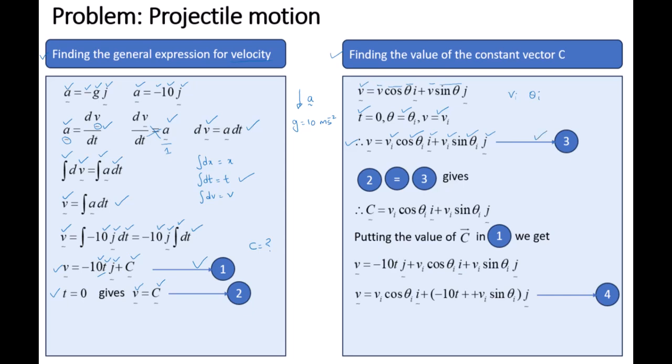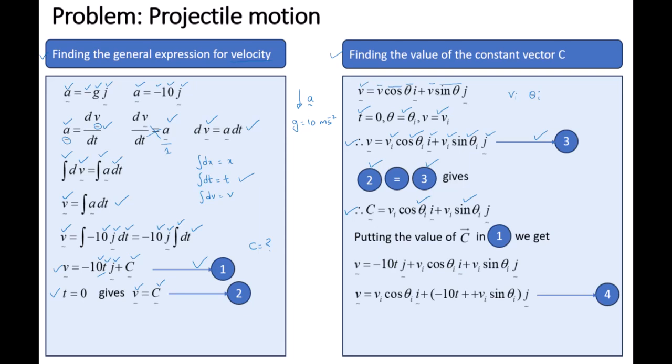Let's call it equation number 3. So we now know that equation number 2 should be equal to number 3. Why? That's because the constant is equal to the initial velocity, and therefore the constant c will be equal to vi cos theta i i plus vi sine theta i j.